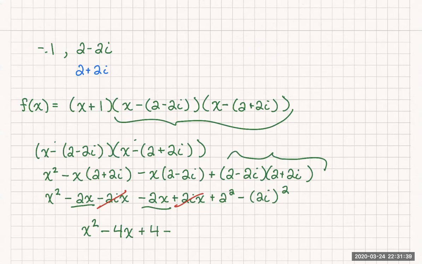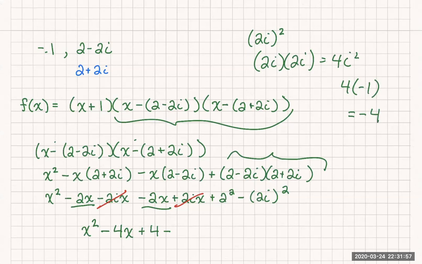So remember how do we do 2i squared? 2i times 2i, which is 4i squared. And remember, i squared is -1. This is equal to -4. So minus -4.